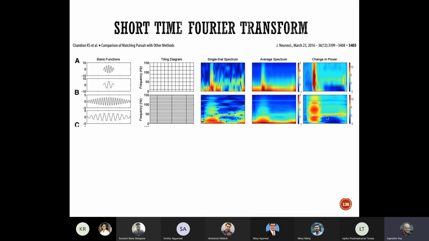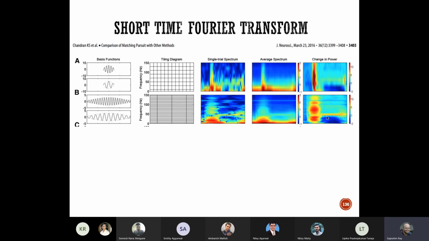Okay, so this is a short time Fourier transform with a short window shown in A and a long window shown in B. Okay, so now tell me something. This is a hard question. So again, I would like you guys to just guess and think about the answer.